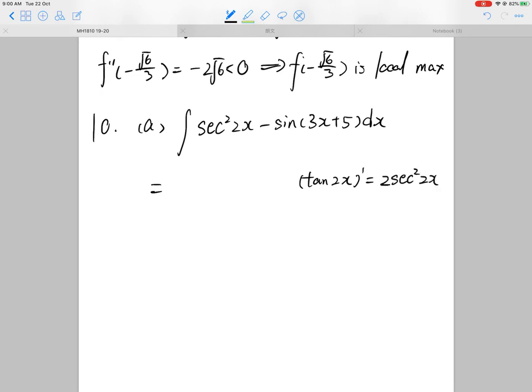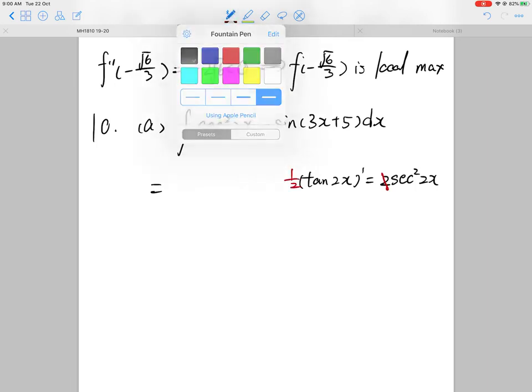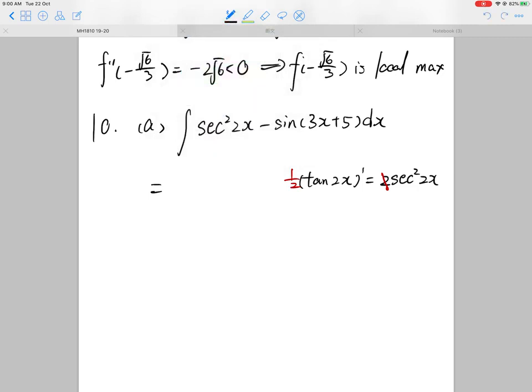But here you only have secant squared 2x, so you don't want this 2. What you can do is multiply by half on both sides. So you remove the 2, and this part's antiderivative is half tangent 2x.